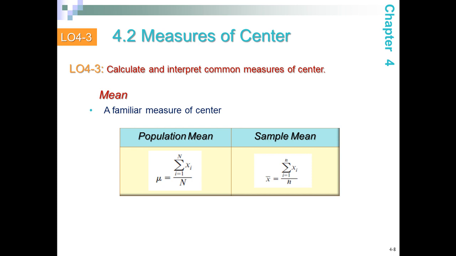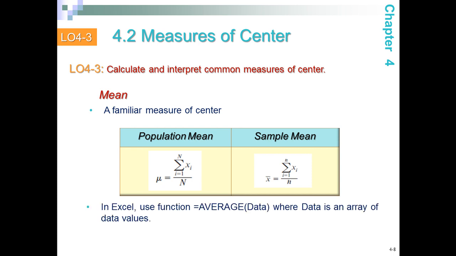The capital N is used in the population mean mu, and the lowercase n, which signifies a sample from a population, is used in x bar. So capital N is the population size, and small n is the size of the sample. If we're going to use Excel to calculate an average, we just use the function AVERAGE and then put the data in, and we'll see some examples of that a little bit later on.